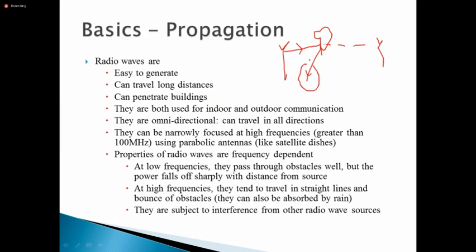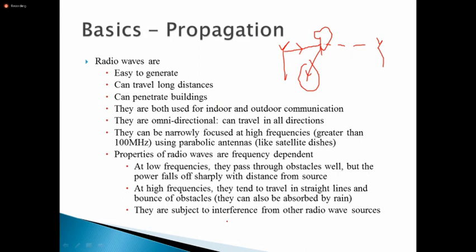So the direction is changed. That's not a good thing in case of high frequency radio communication, right? But anyhow, high frequency radio waves are used to propagate the waves through much larger distances, right?